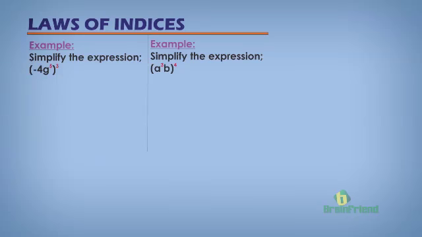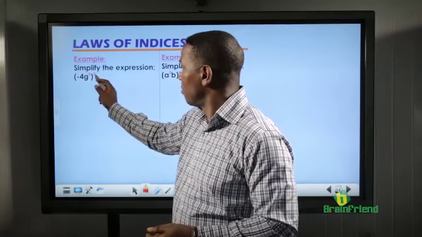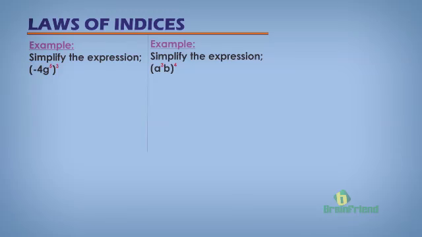Alright, let's move on. If we were given such situations to solve, how would we go about this? Again, see our power is odd and we have a negative number. Can you predict what our answer would be in this case? It would be negative. Let's go on and see.